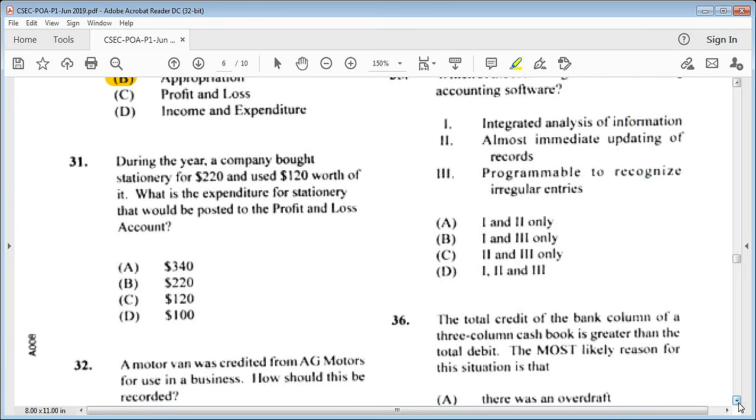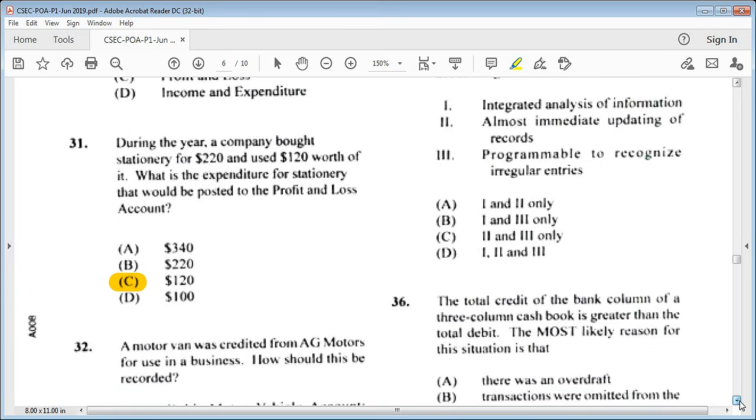During the year, a company bought stationery for $220 and used $120 worth of it. What is the expenditure for stationery that would be posted to the profit and loss account? A, $340, B, $220, C, $120, or D, $100. We know it would be C, $120, worth of what was used.